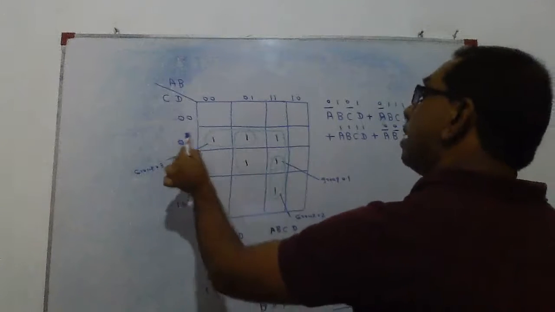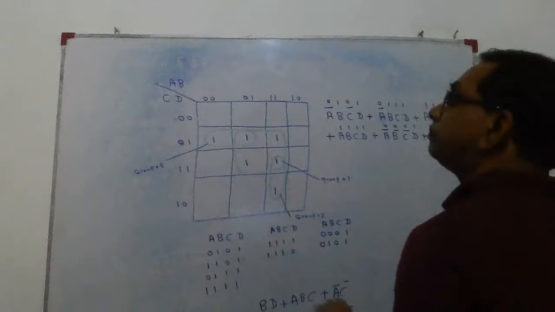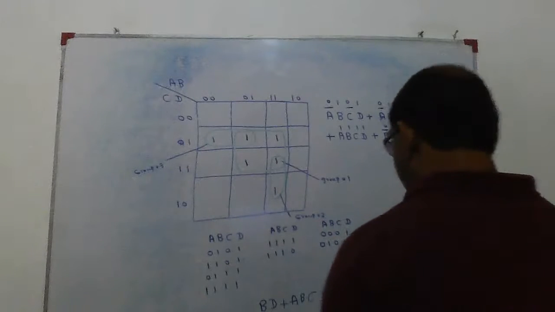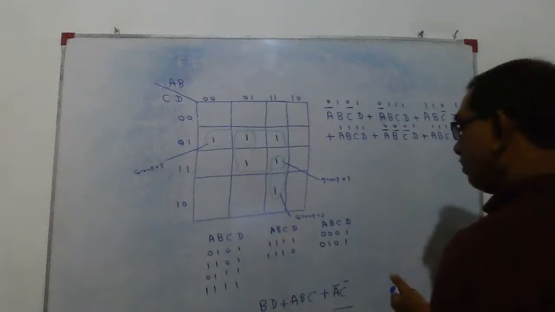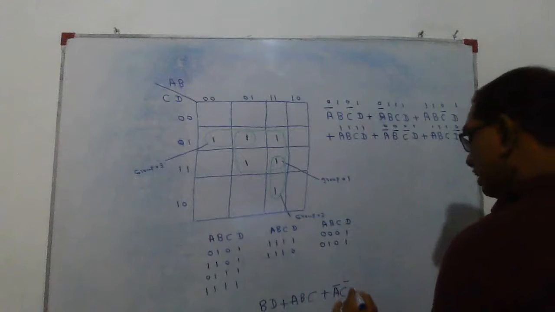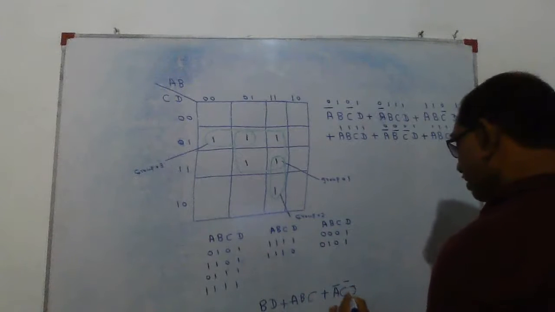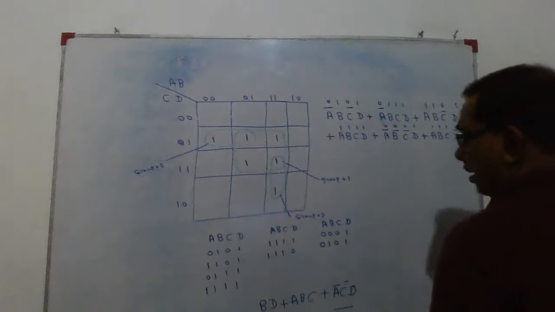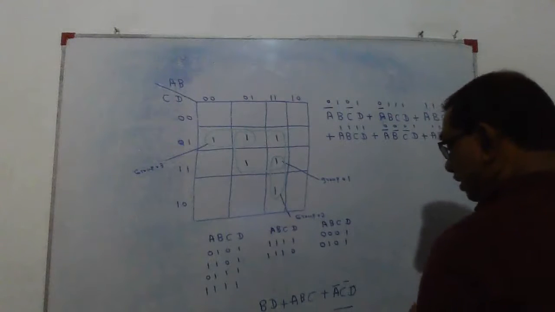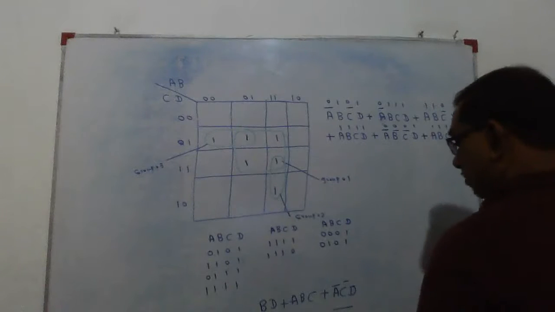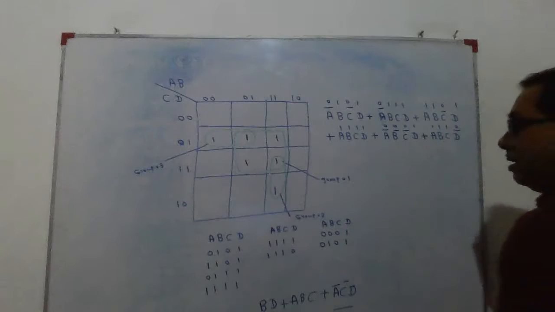So it means C bar and D. So for this part, A bar and C bar and D, I have missed the D here. See, D is common. Yeah, I have taken it, but I have missed it. So then I can verify that statement, A bar and C bar and D.